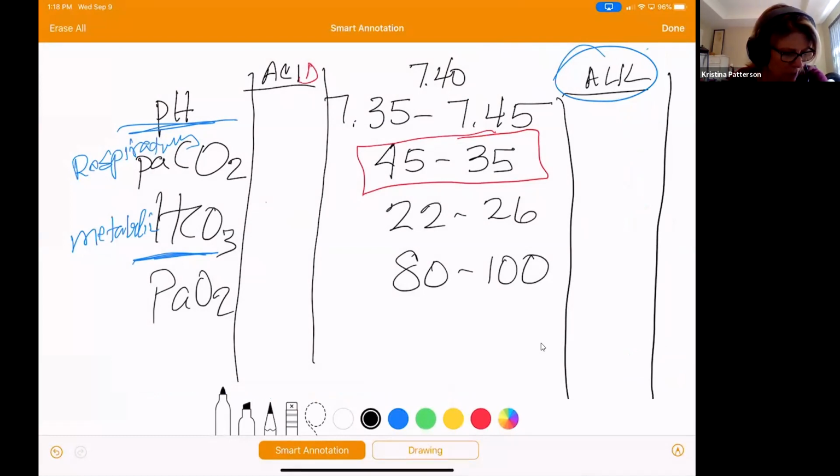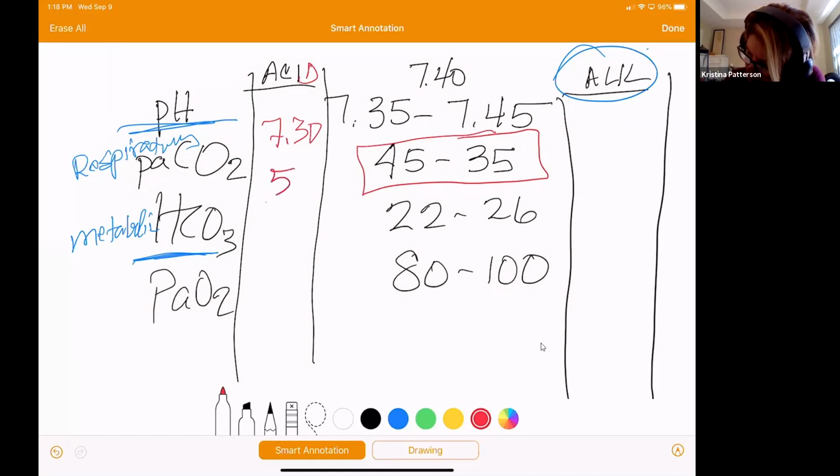So we have a pH of 7.30. That is less than 7.35, so it's going to go right here. And let me just put my eraser on there, and I just wanted to make that a different color. Okay, so 7.30. And then we have a PaCO2 of 50.